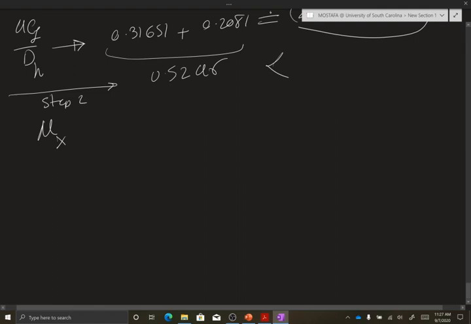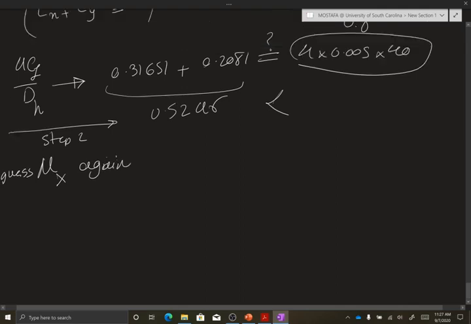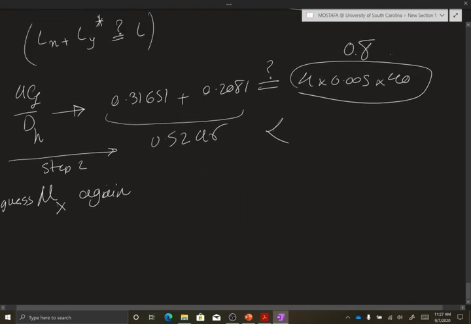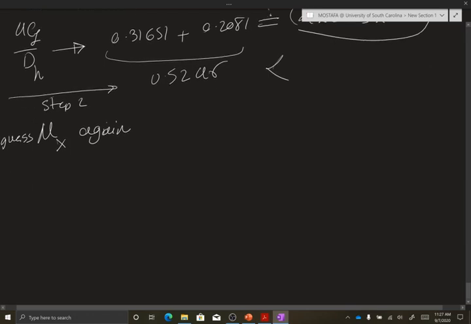Step 2: guess Mx again, but this time, since 0.5 is smaller than 0.8, we want a stronger shock, which means we are going to have a faster flow with a higher supersonic case.